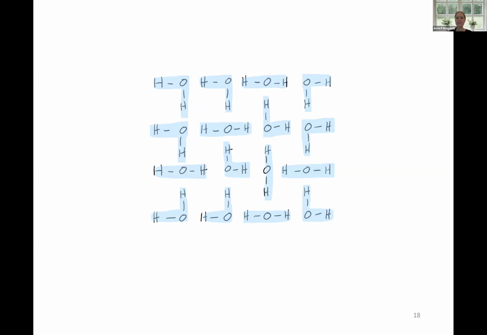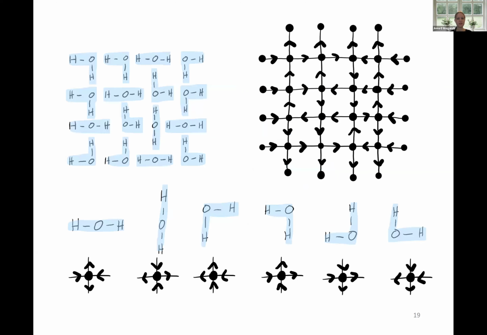So I personally find these pictures a little bit harder to draw. And the statistical physics people distilled this information into a different picture. So tile by tile, building block by building block, they rearranged this into something called the 6-vertex model. So you have these boundary vertices where the edges on the outside here and here point inwards, but the top and bottom boundary edges point outwards.